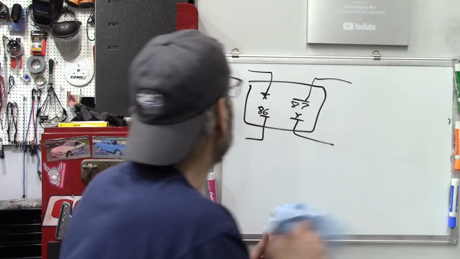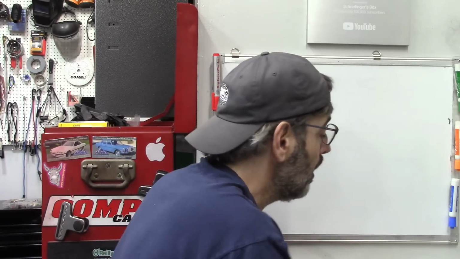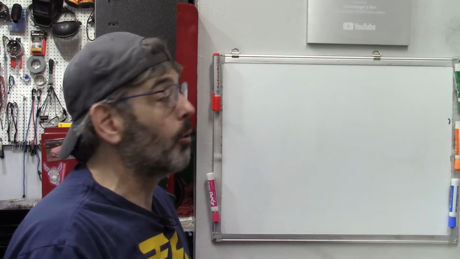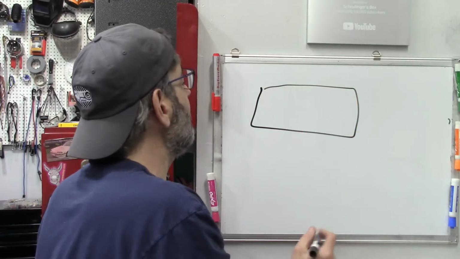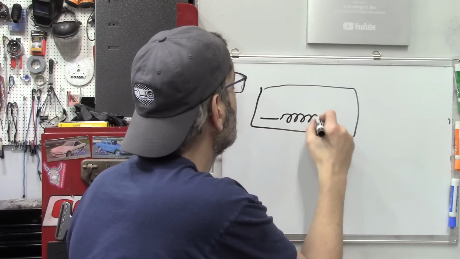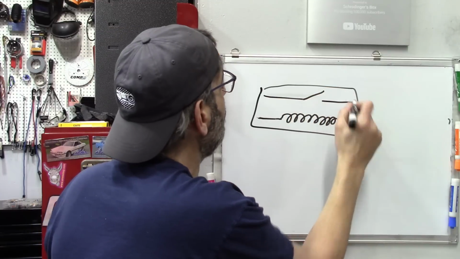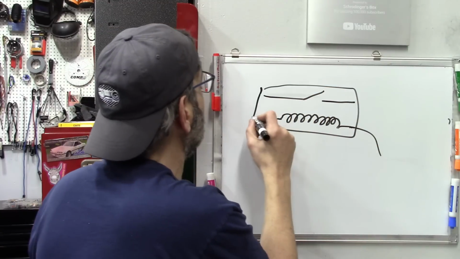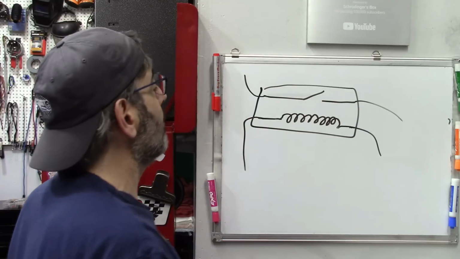More often, you will find the relay has a more specific symbol, which is actually quite a bit more helpful. It has a terminal here and a coil, and you will have a switch here. And of course, we've got wires that will come off this way in our diagram.